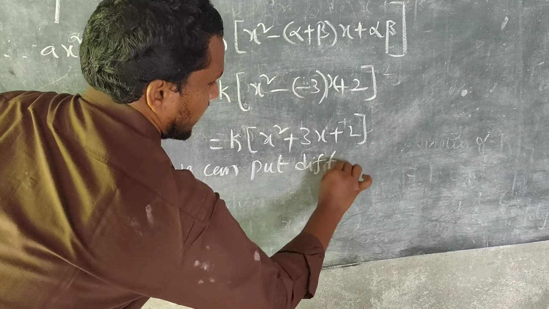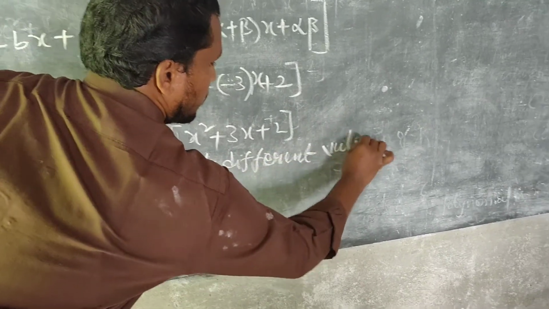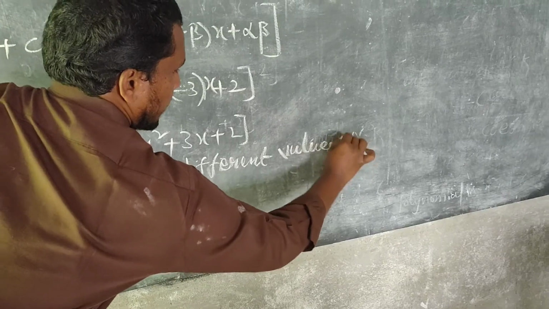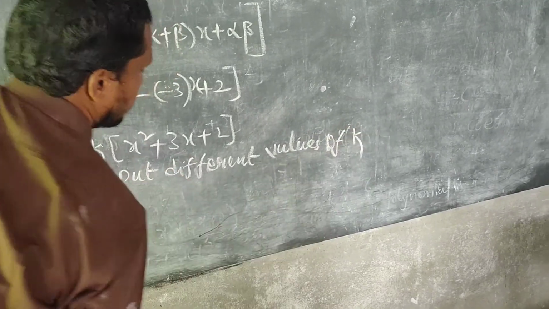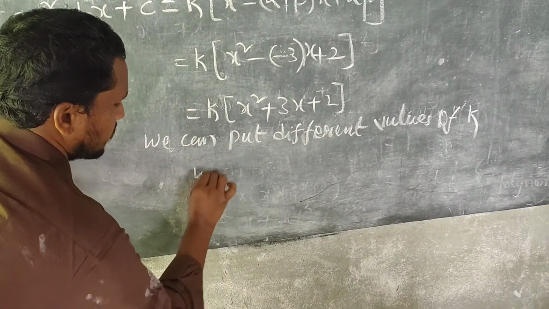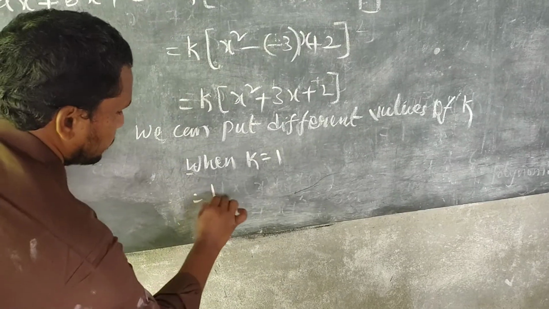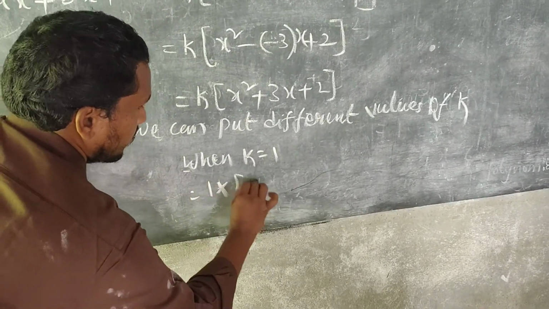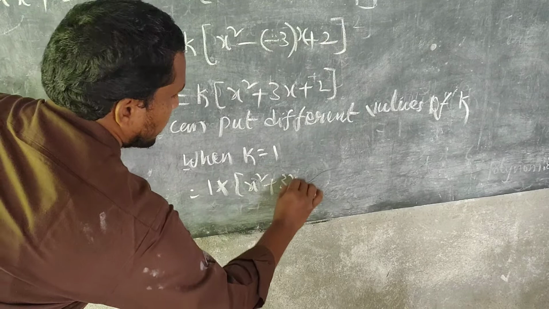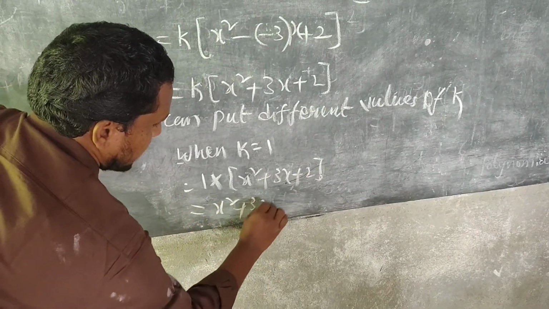Okay, so for k we can put different values. When k is equal to 1, so 1 into x square plus 3x plus 2, that is equal to x square plus 3x plus 2.